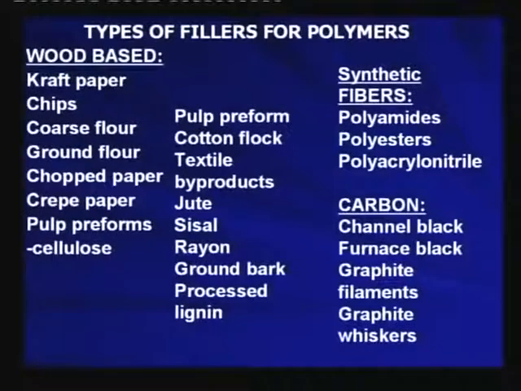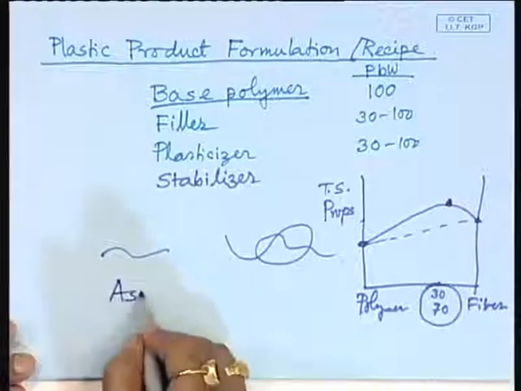Graphite fiber, carbon fiber made from polyacrylonitrile precursor, I mentioned earlier. Then graphite filaments, graphite whiskers. Whiskers are single crystalline materials, short fibers, single crystalline fibers having high aspect ratio. Aspect ratio, you know what is aspect ratio?